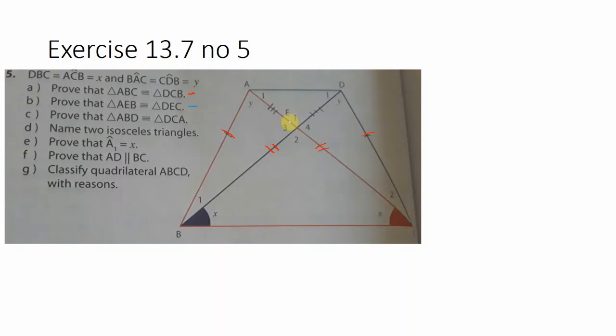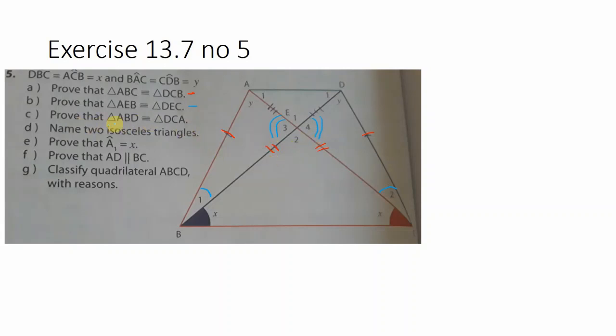Then angle B is equal to angle C. Let's indicate that, which we also have shown previously anyway. These two are equal.